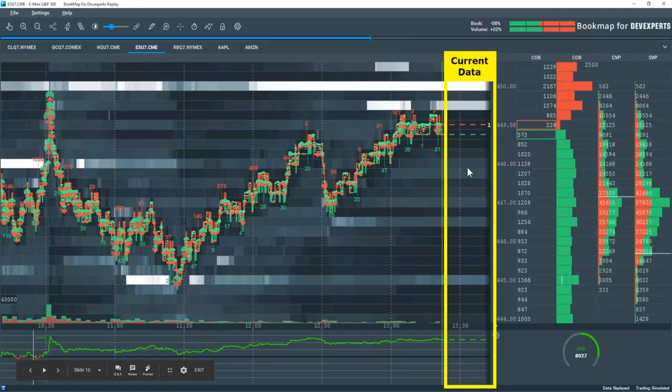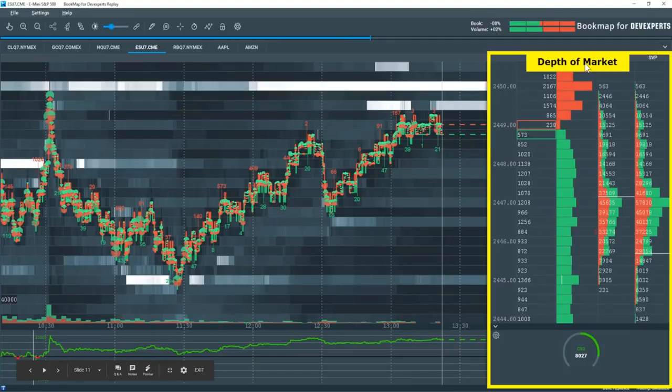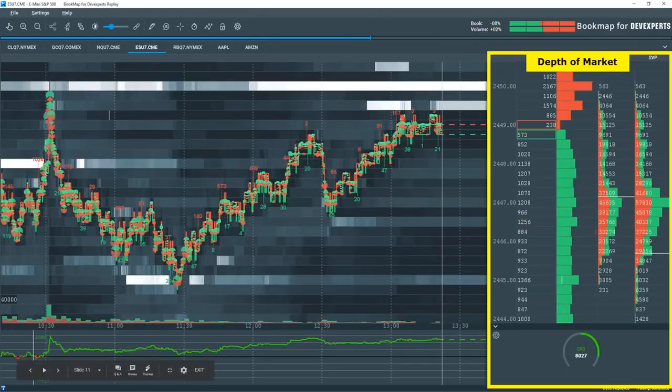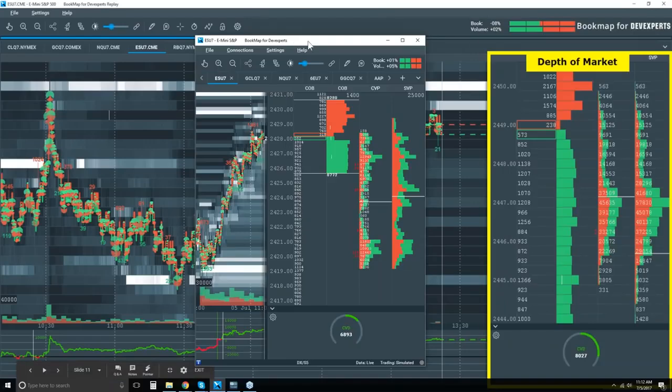This is the live market, a graphical representation of the depth of market, the current state of that market. So here's your best bid and offer, your depth on the offer, and your depth here on the bid. Okay, let me show you Bookmap, and we'll get it up here.